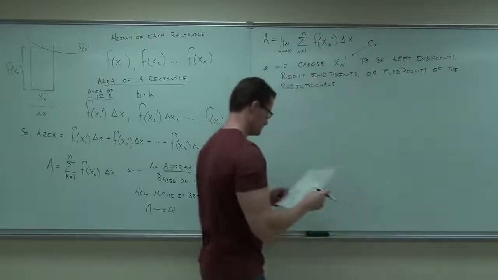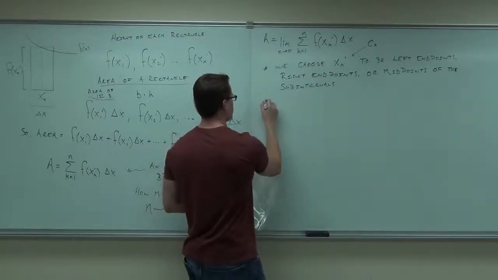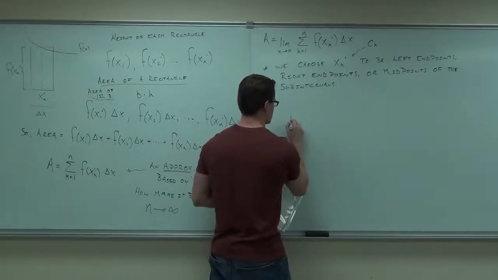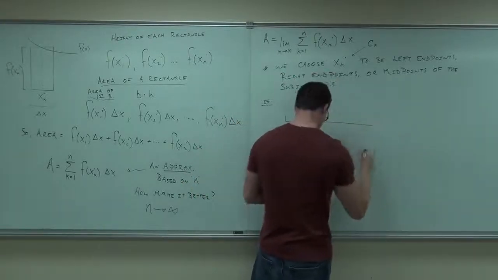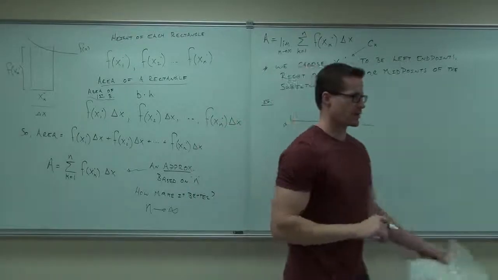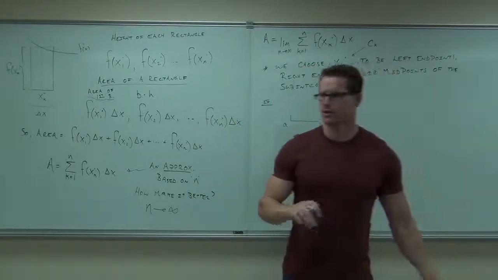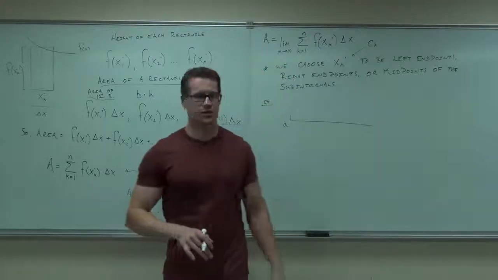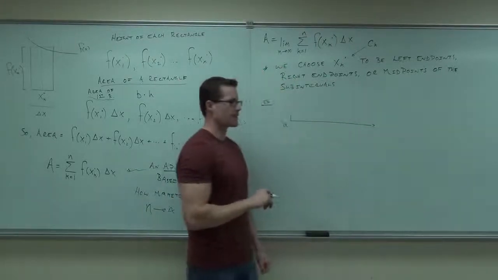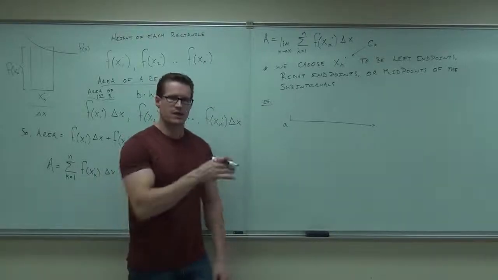Now, here's how to do it. Let me give you an example. When you're talking about area, you're talking about a finite thing, right? Your area doesn't go on forever. It starts and it stops somewhere. It starts at A, it stops somewhere at B, wherever B happens to be. What we're doing here is we're starting to make cuts.